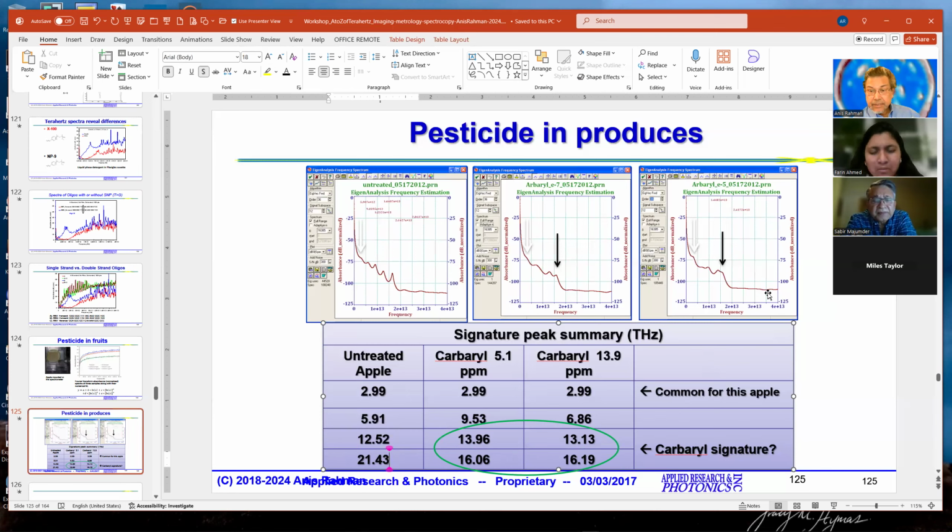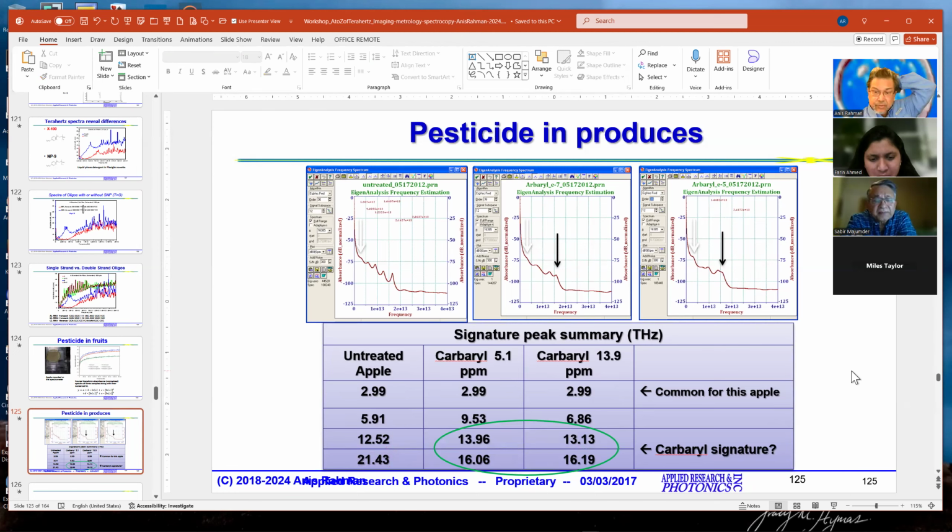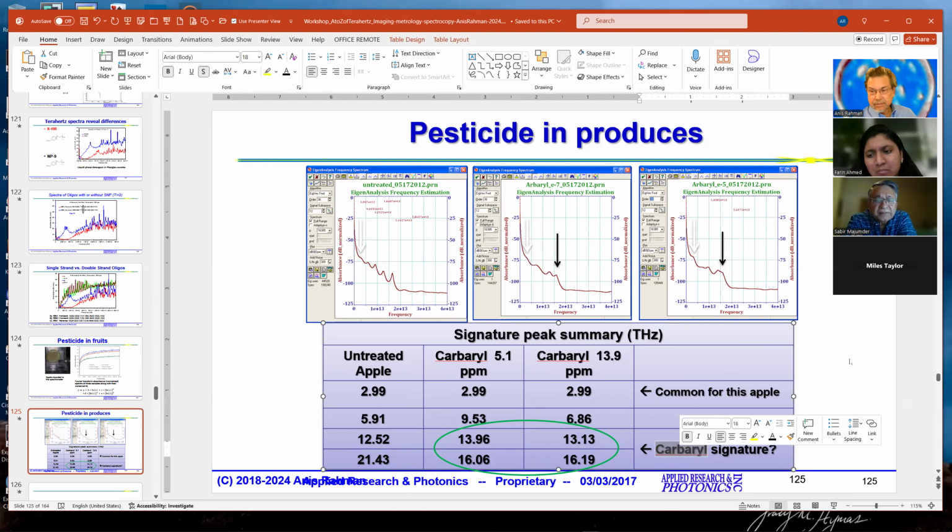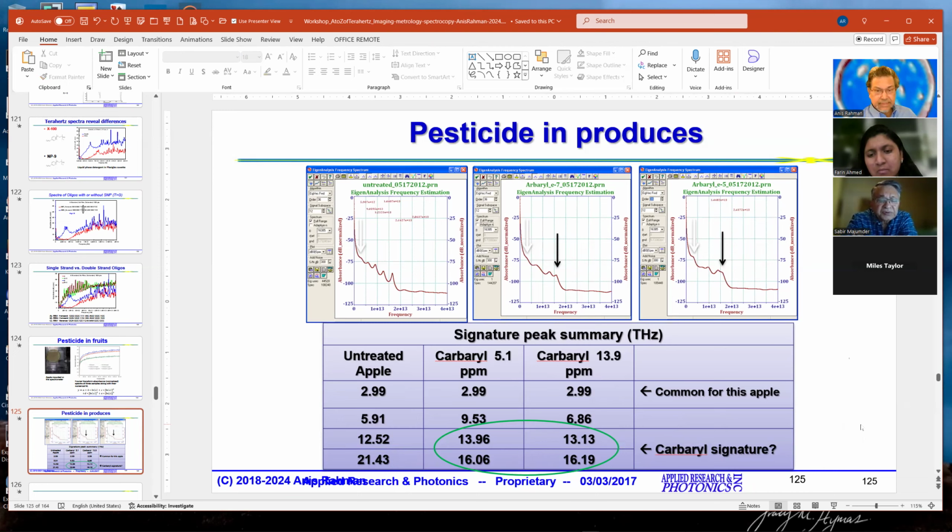Even in the higher frequency range, there are some other peaks outside 21.43, but those are not very prominent, and that is the reason we chose not to entertain them. But this 16 is there. As soon as we put carbaryl in there, the 16 point some peak comes in. So that constitutes a signature for that particular chemical, carbaryl in this case. That was the rationale. Again, a lot more work could be done on this as well.